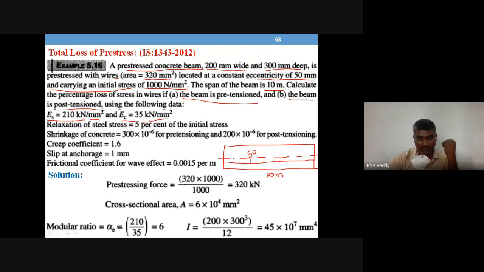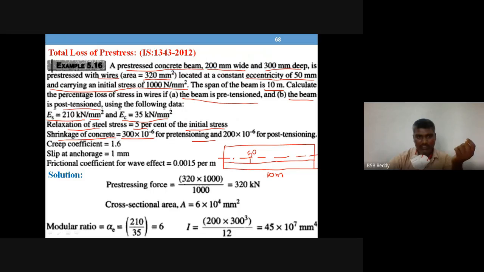Young's modulus of concrete is 35 kilonewton per mm square. Relaxation of steel is 5% of the initial stress, and shrinkage strain for pre-tensioning is 3 into 10 power minus 6. These are all standard values. If any data is missing, you can always assume this data.